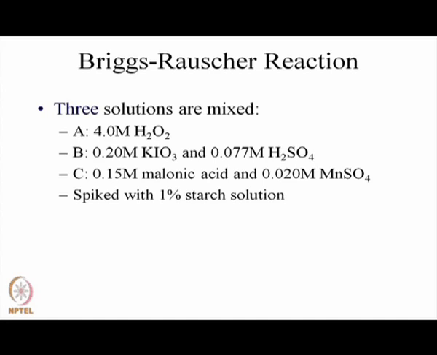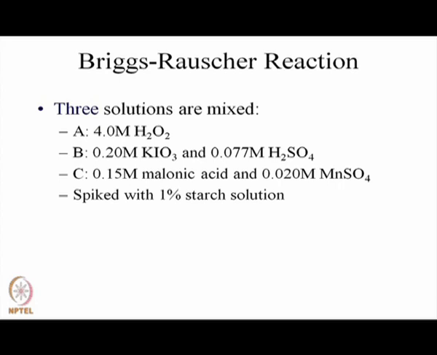So in the Briggs-Rauscher reaction, that is the BR reaction, 3 solutions are mixed. Solution A is 4 molar H2O2. Solution B is 0.2 molar potassium iodate, KIO3, and 0.77 molar H2SO4. And the third one is 0.15 molar malonic acid and 0.02 molar MnSO4.